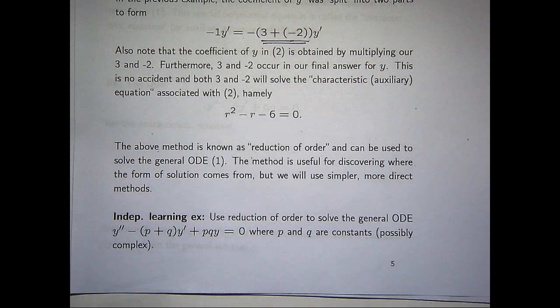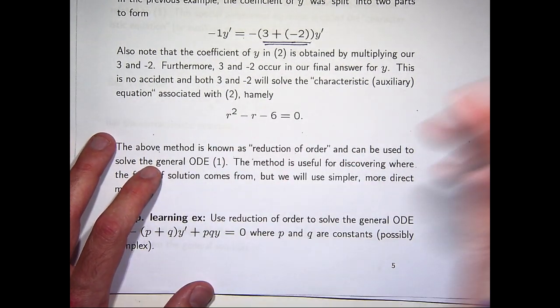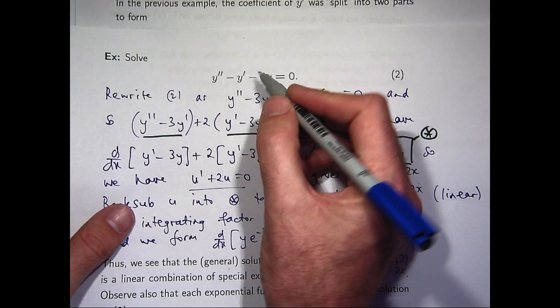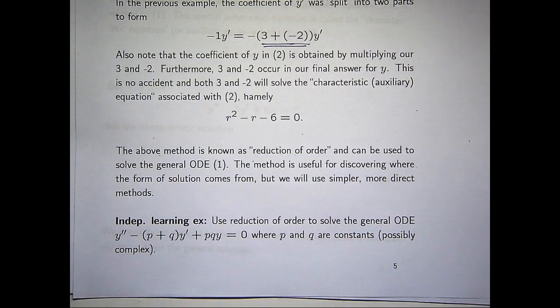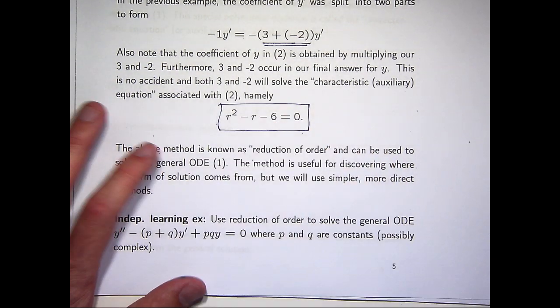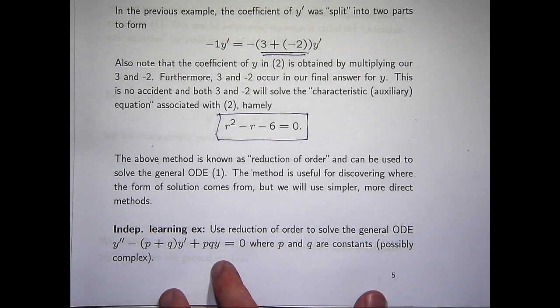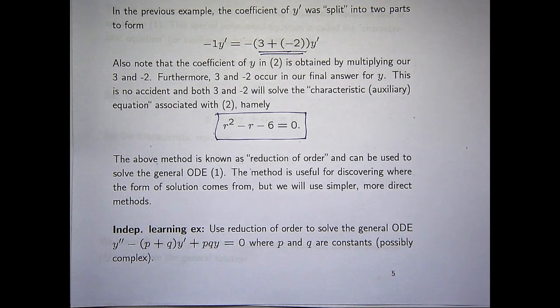And like I said before, if you multiply 3 and minus 2, you get the coefficient of y, minus 6. Essentially, when we solve these problems, we solve a resulting quadratic equation, a characteristic equation.